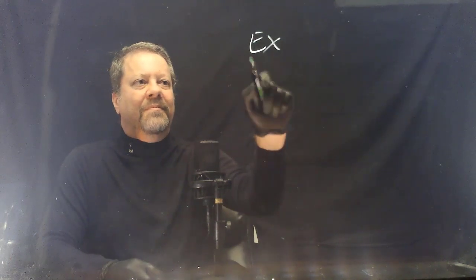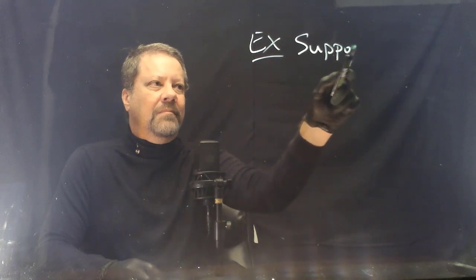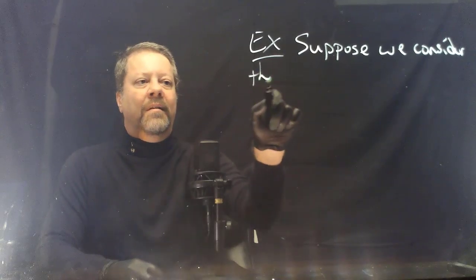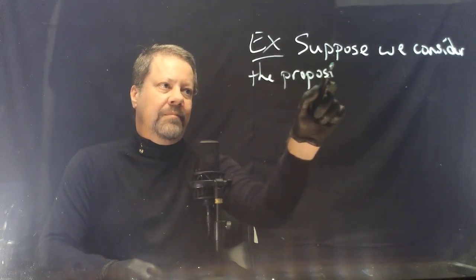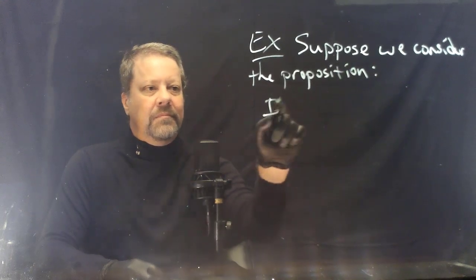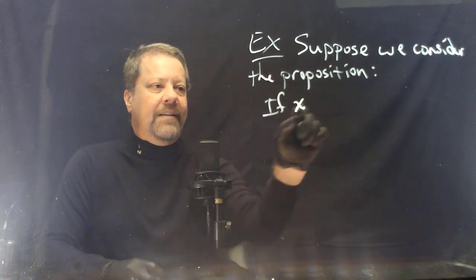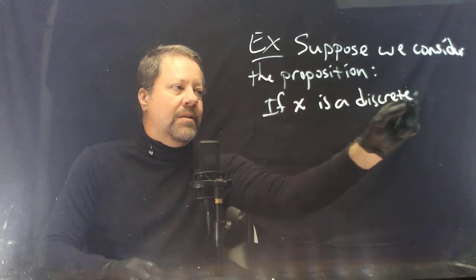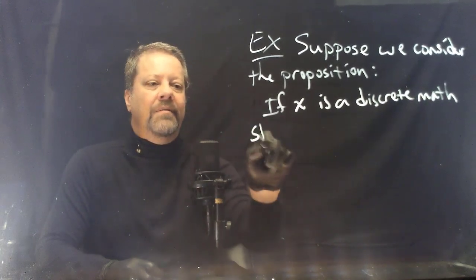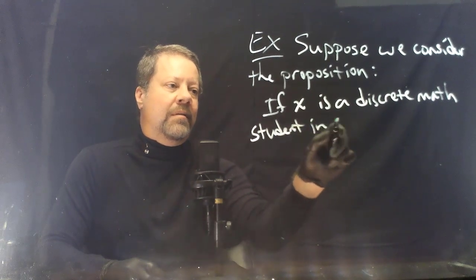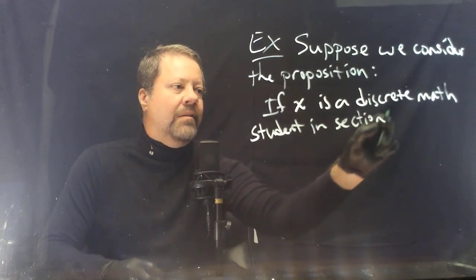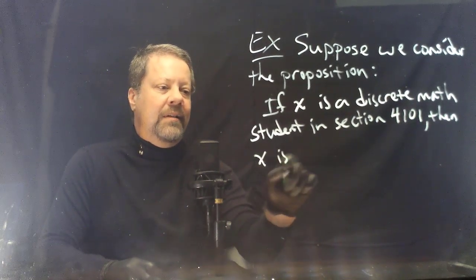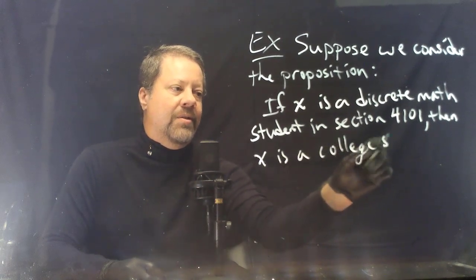Here's an example. Suppose we consider the proposition: if X is a discrete math student enrolled in section 4101, then X is a college student.